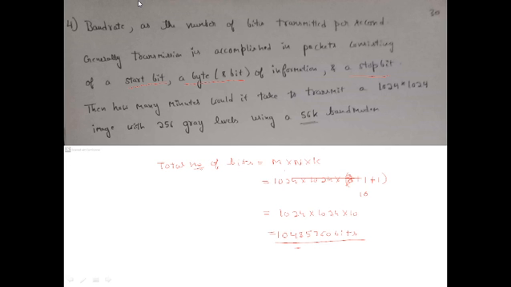The reason is that we are using a bandwidth of 56K, which is the baud rate of 56K.